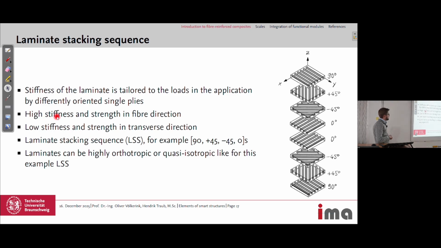And this is because we have a high stiffness and strength in fiber direction, so in this direction, in this direction, in this direction, and a low stiffness and strength in transverse direction, where the matrix takes the loads.